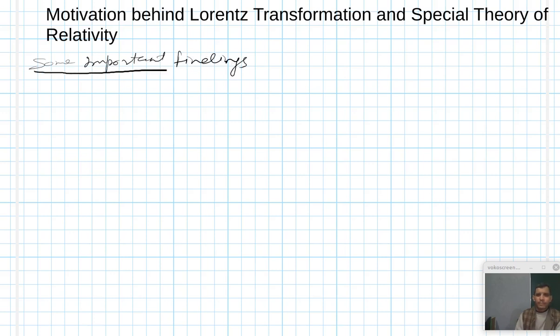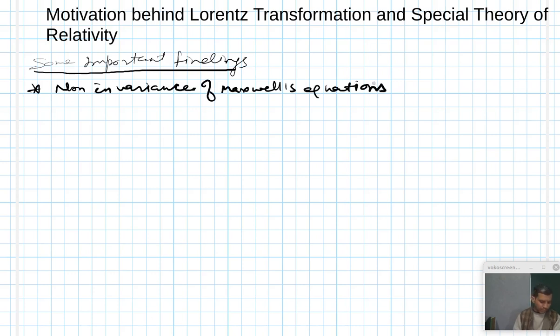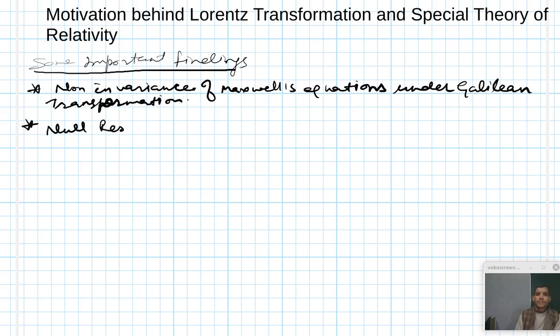So, let me talk about these findings. First of all, the non-invariance of Maxwell's equations under Galilean transformation, and another thing is the null result of the Michelson-Morley experiment.